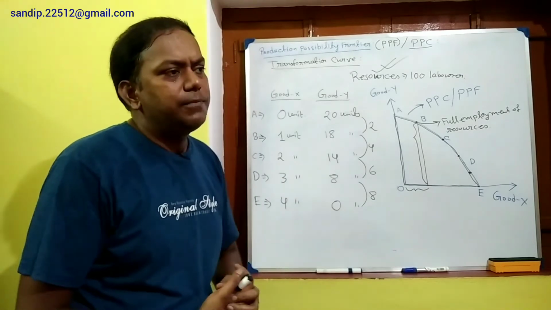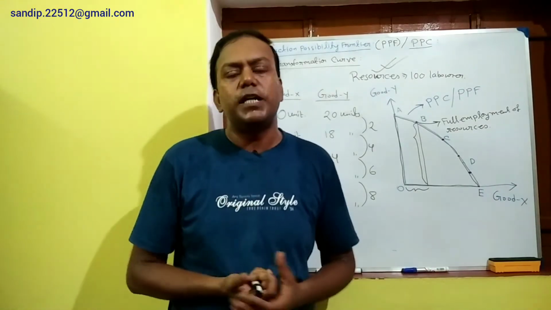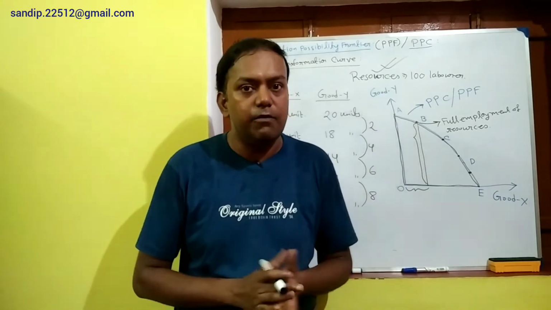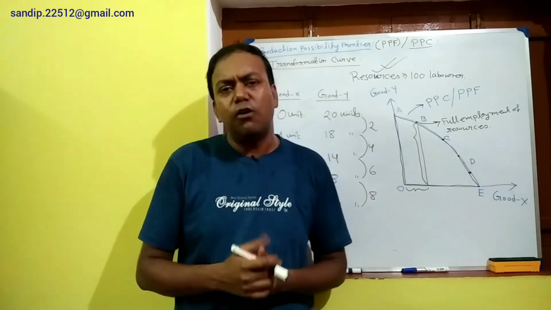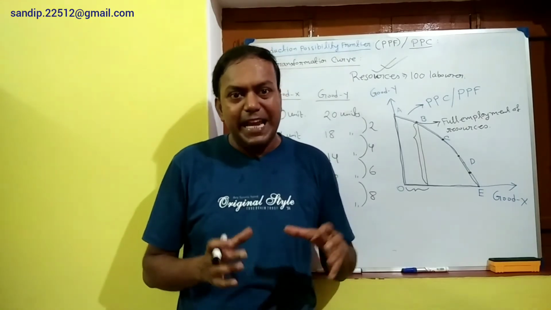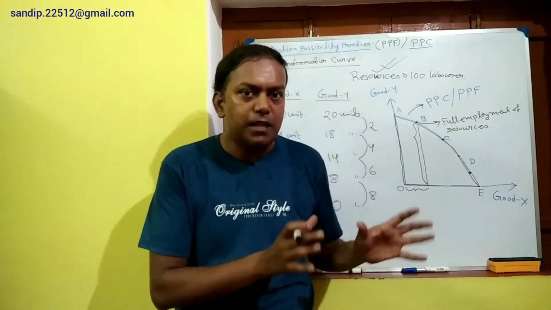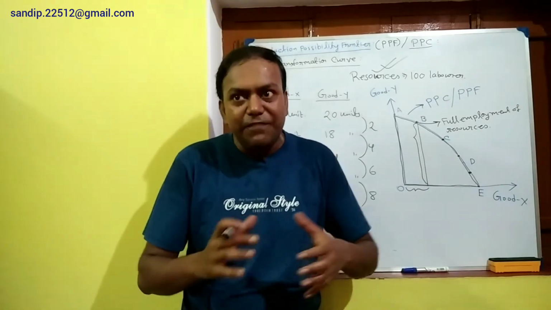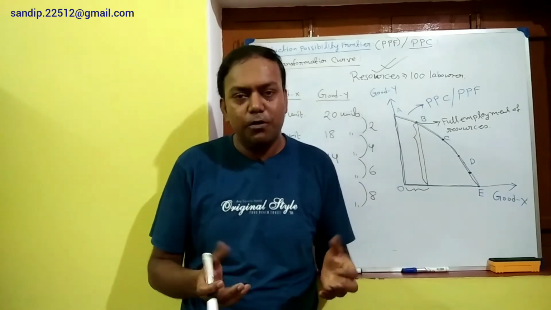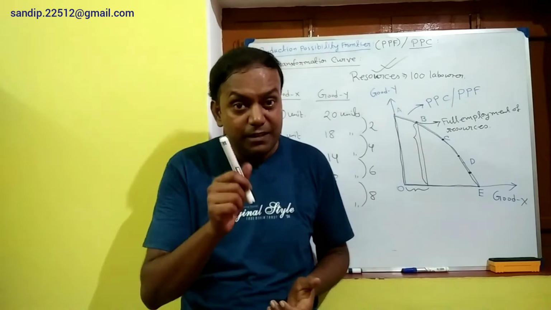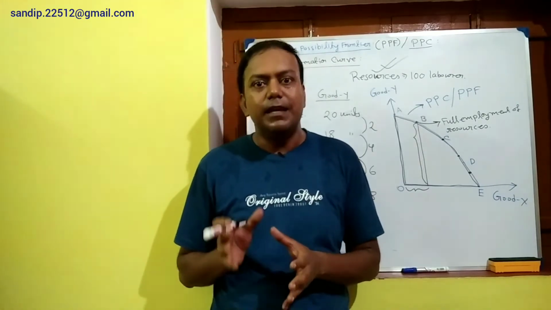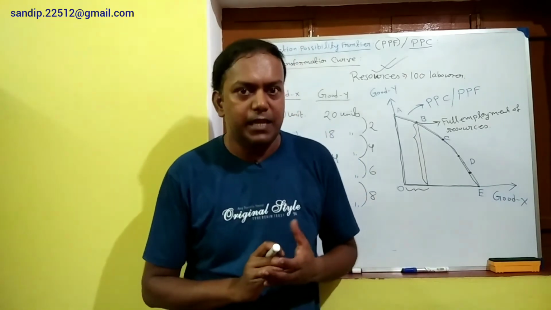But if the producer gets an order of production of 800 units of the product, then also the producer can produce this because its production capacity is 1000 units. But here what will happen? All the resources will not get utilized.